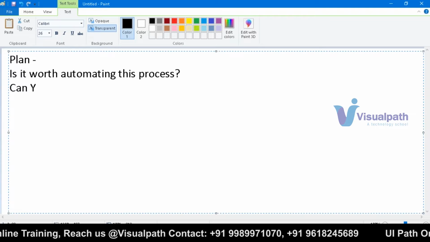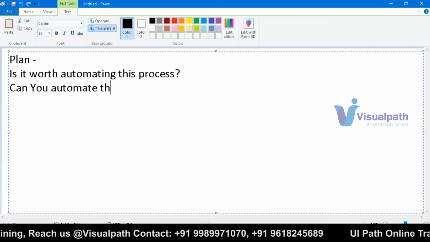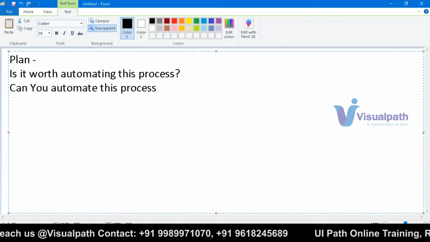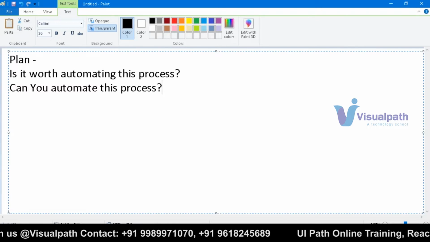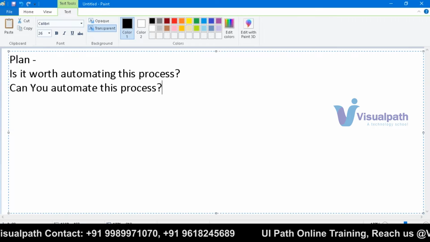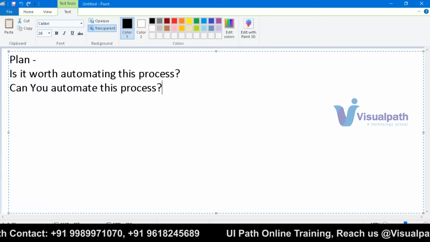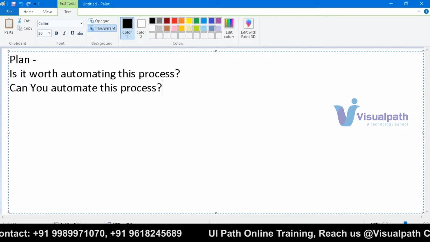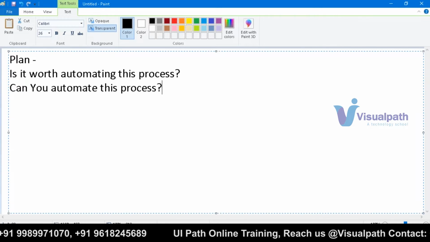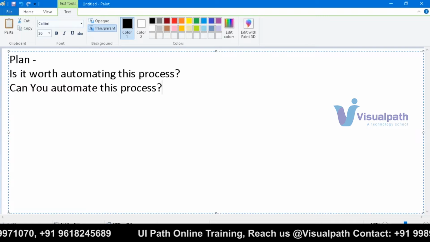Is it possible? So, is it worth automating this process? Can you automate this process? Now, on what basis do you decide the answers to these two questions? We have certain formulas that we apply, which suggest the answers to these two questions.